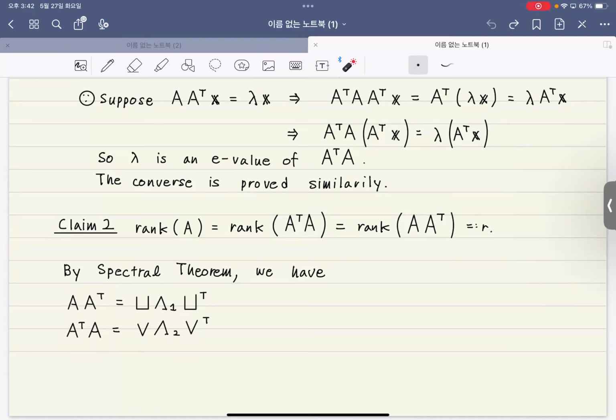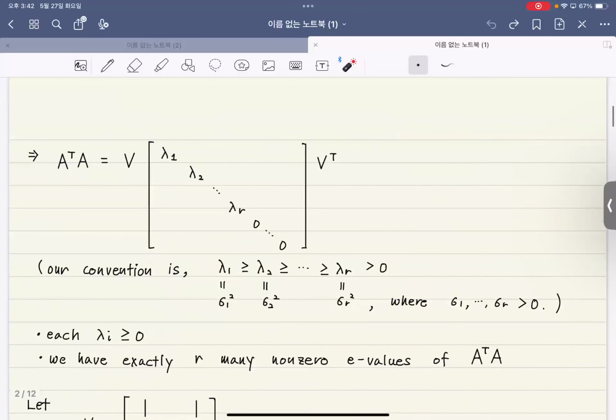I will just focus on the second diagonalization, this one. This is an orthogonal diagonalization of A transpose A. The matrix V has columns of orthonormal unit eigenvectors of A transpose A.